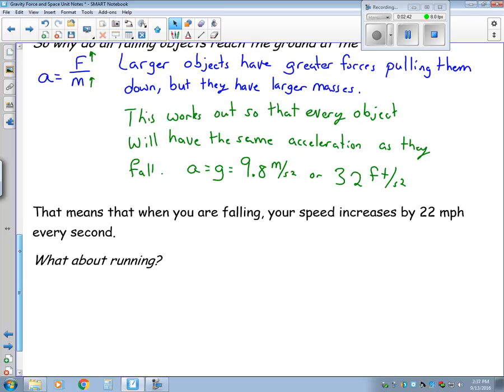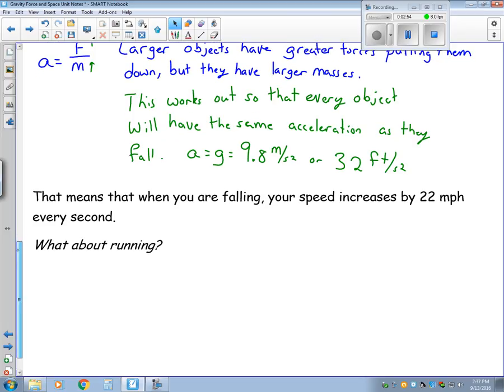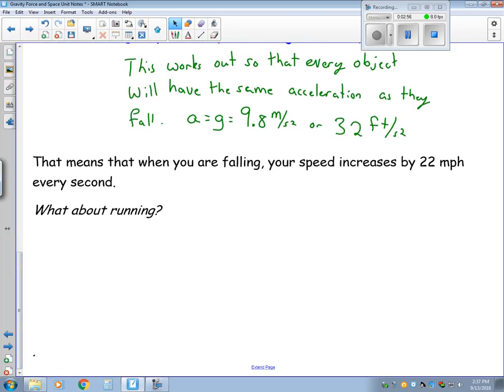So what that means then is if you happen to be falling, your speed will increase at 32 feet per second squared, that works out to 22 miles per hour every second. So after you've fallen for 1 second, you will be traveling at 22 miles per hour. After 2 seconds, you'll be traveling at 44 miles per hour. And it just keeps increasing.